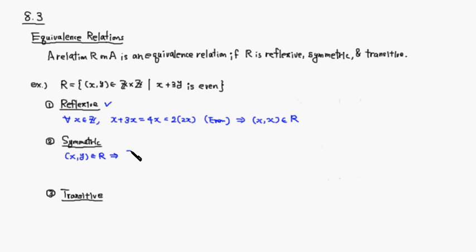So that means that there exists some integer k such that x plus 3y can be written as 2 times some integer k. Keep that in mind.